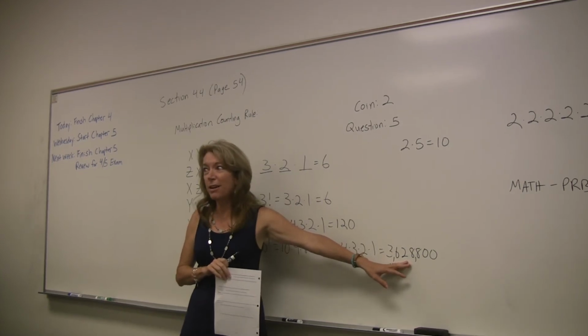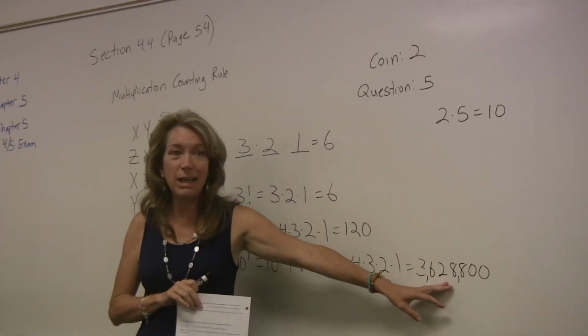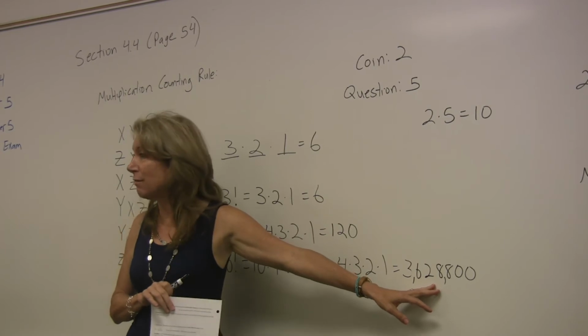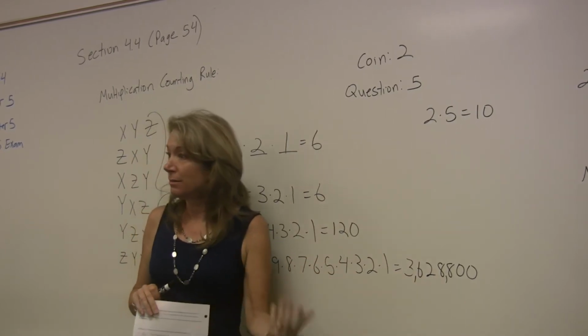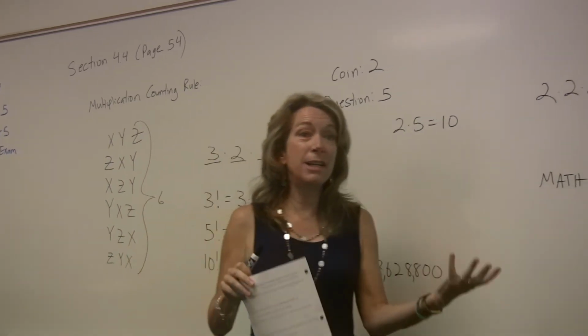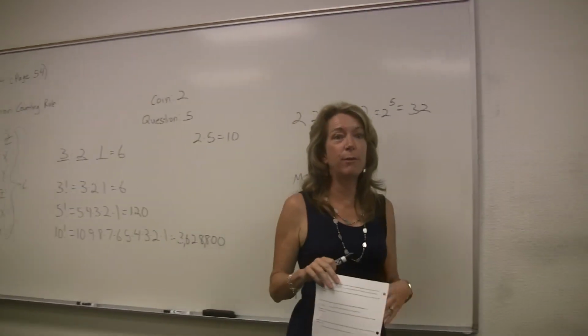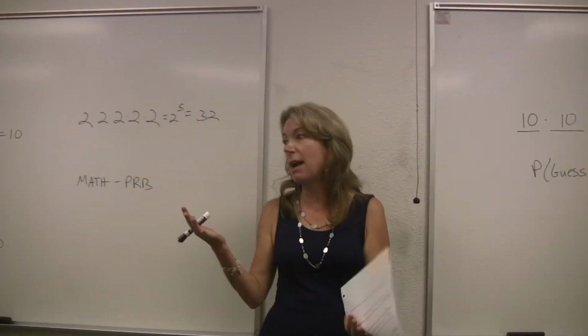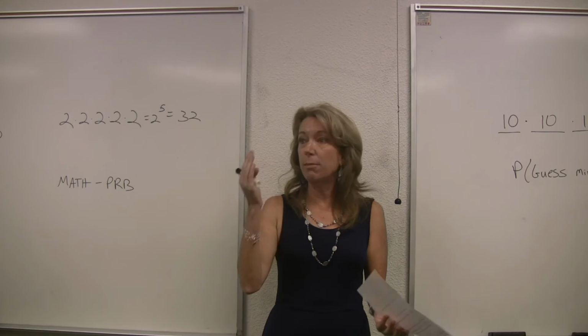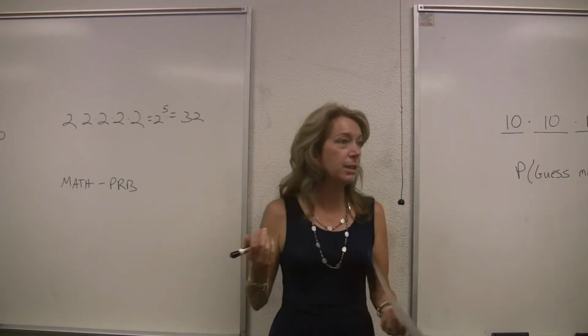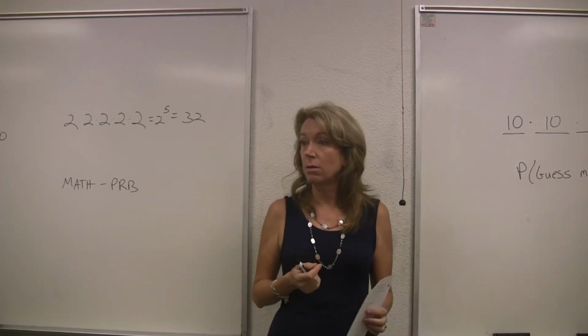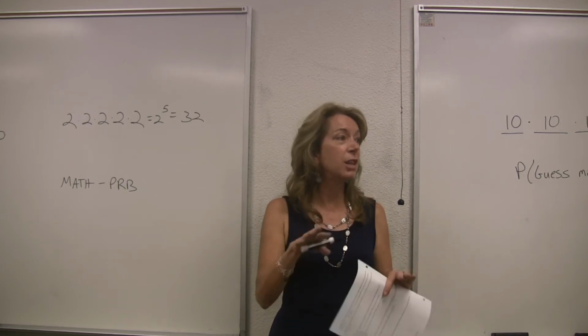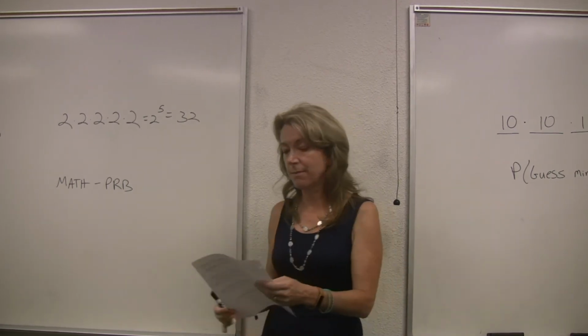We don't want to list all those 3,628,800 different ways to arrange those letters. But at least we would know how many different possible things could happen, and then if we were looking for the one that happened to have them in alphabetical order, there would be only one of those out of the 3 million and some change. So anytime you're rearranging things, that's where the factorials come.